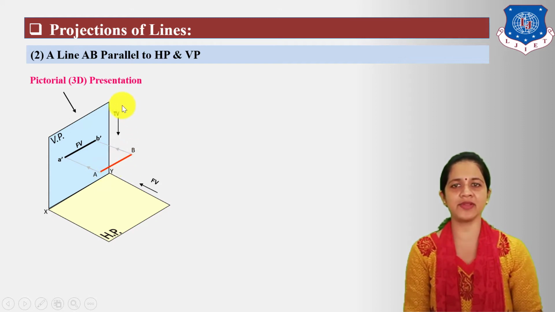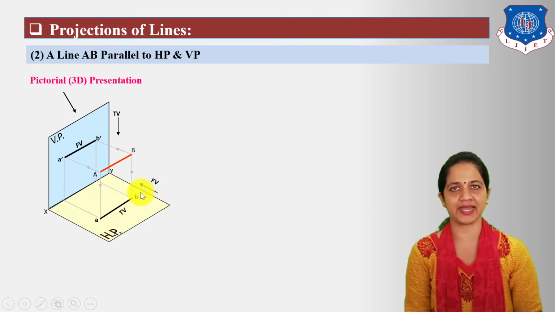Next, when we take projection from the top direction, we get its top view on the horizontal plane, and it is a straight line denoted by AB, and the length of AB is equal to the given line AB.